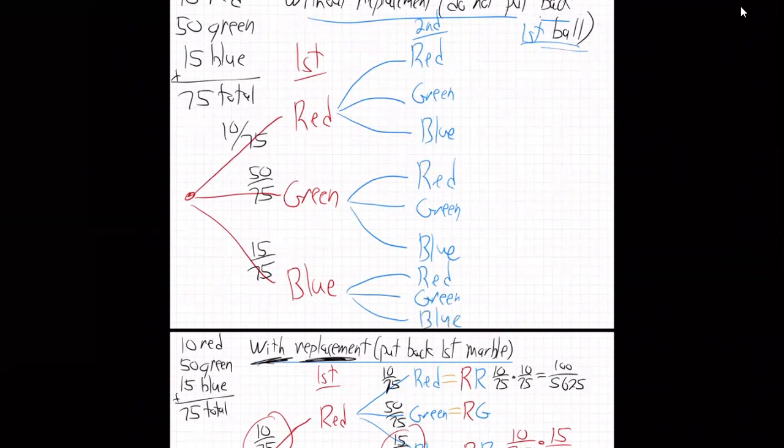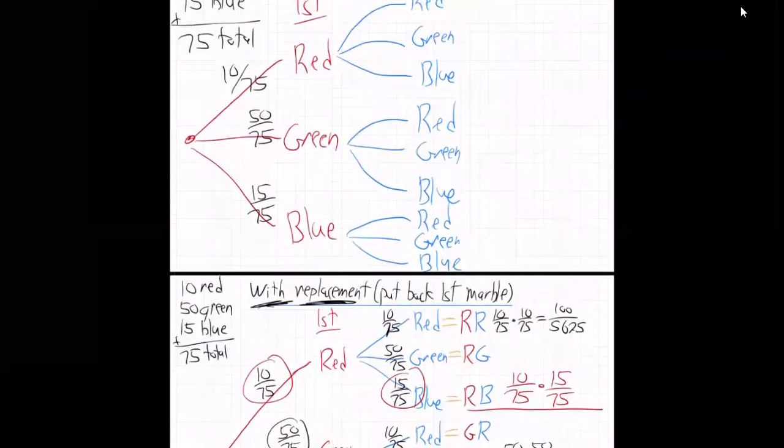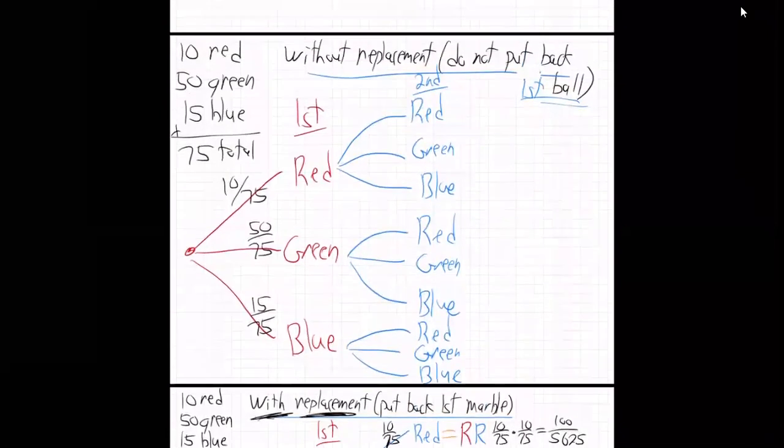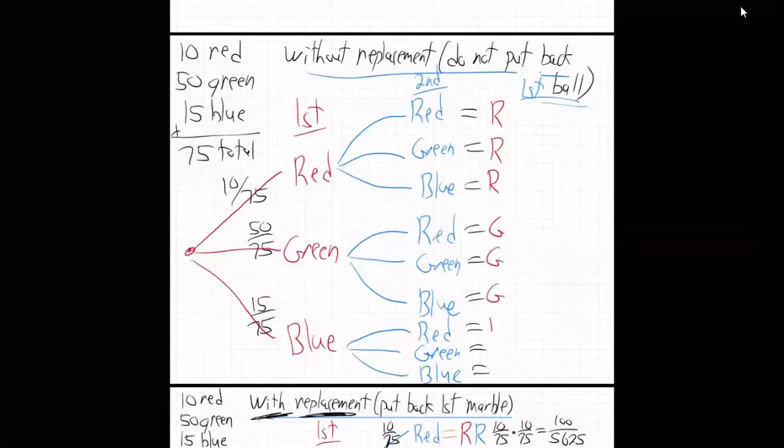Red, green, blue. So now we got to do the results. Let's do the results over here. So what are the results? It's red on the first, green on the first, blue on the first, followed by red, green, blue, red, green, blue, red, green, blue. Okay, so what are the probabilities second time?